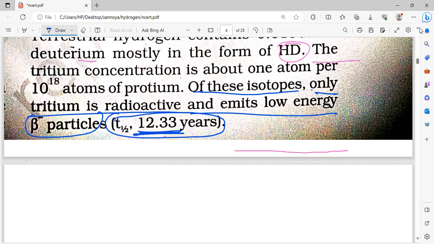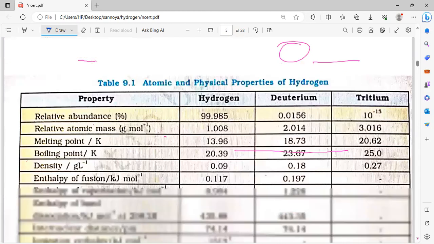Half-life means if suppose 1 gram is there, it will become 1 by 2 gram. In how many years is it going to decompose? In 12.33 years. So keep in mind that this type of problem they ask. Okay.